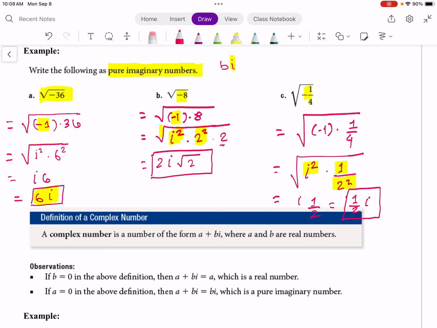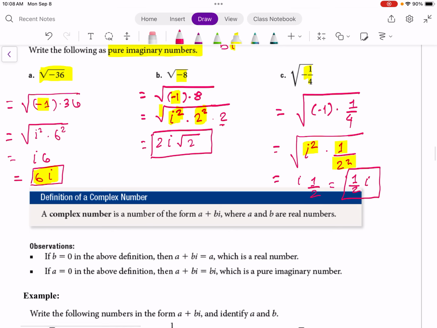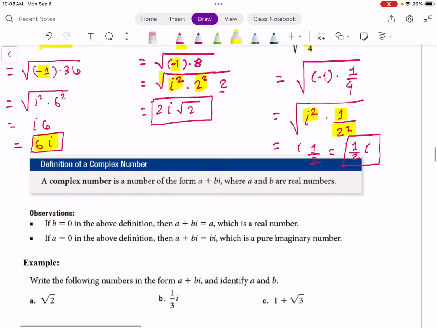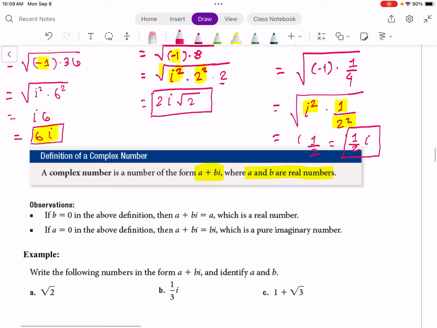Okay, now the next, here we define a complex number. A complex number is in the form a plus bi, where a and b are real numbers. If we have a number like, let's say, 2 plus 3i, this is one number.